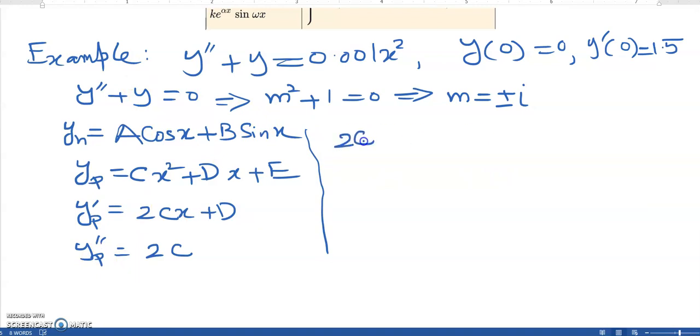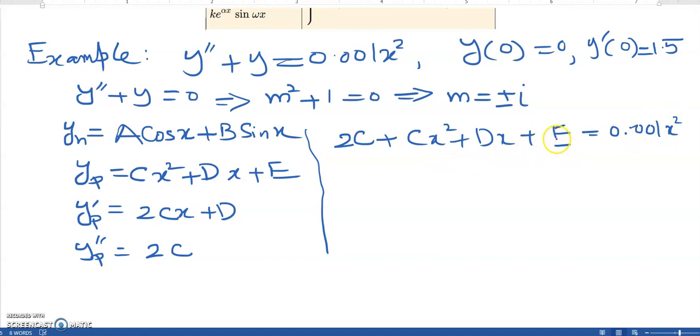So y double prime p is equal to 2c, and y is cx square plus dx plus e, and that should be equal to 0.001 x square.